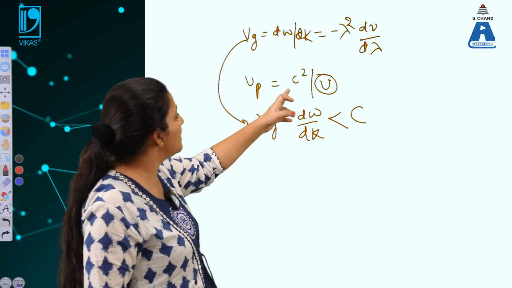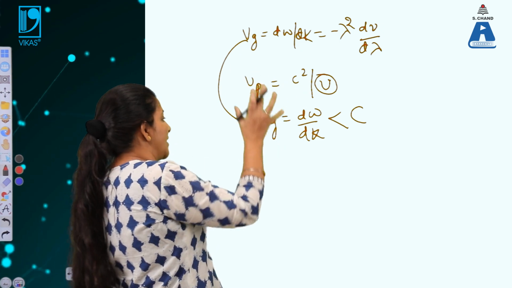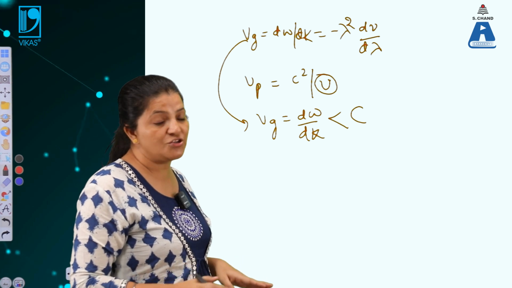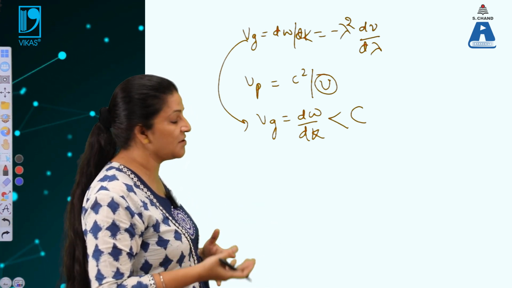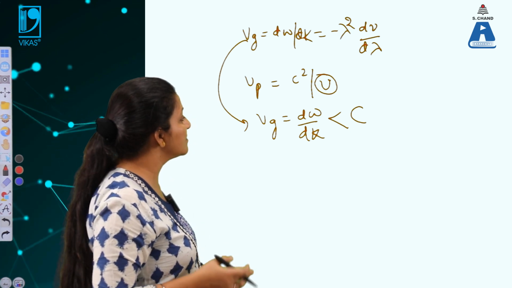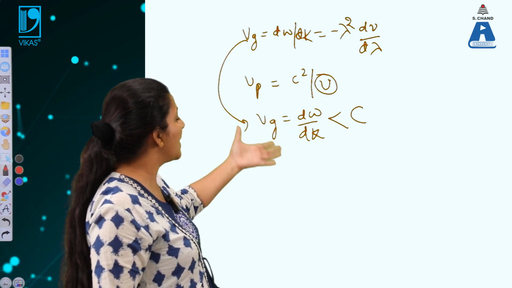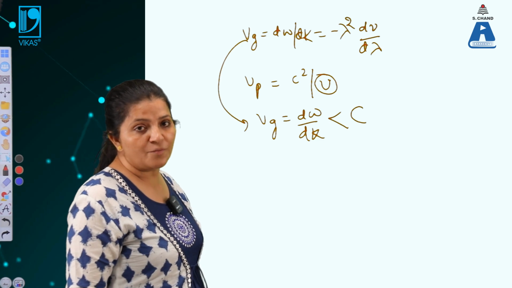So automatically Vp is always greater than c, which is not possible. In the given system, all the waves superimpose on each other, either constructively or destructively depending upon their interference. We get a resultant packet, and the resultant velocity associated with it is represented by Vg, which is called the group velocity.